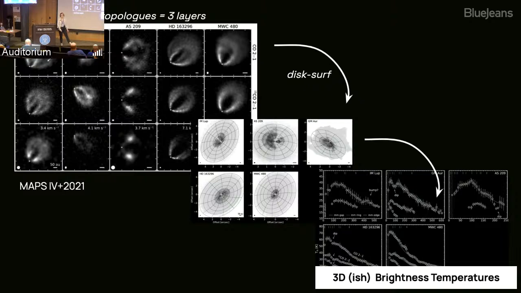And so if you remember your radio interferometry from grad school, your brightness temperature is just a Rayleigh-Jeans extrapolation of your intensity, but it could be, with some radiative transfer magic, somewhat related to your gas temperature, right?